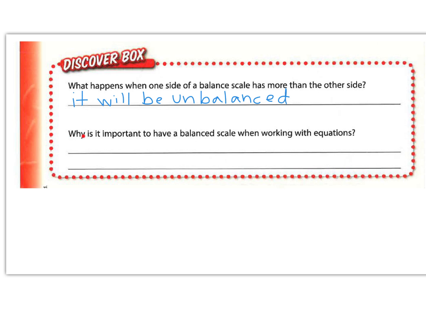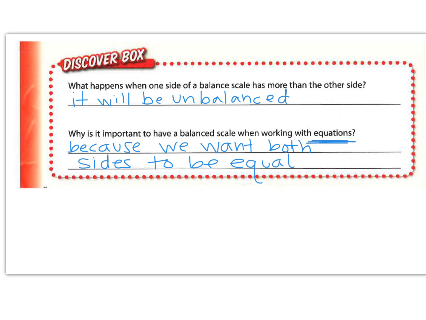So then it says, why is it important to have a balanced scale when working with equations? Well, remember, equation means equal. So we can say because we want both sides to be equal.